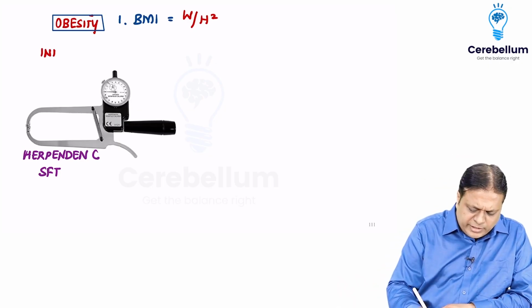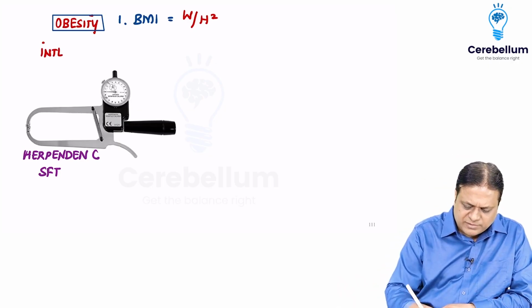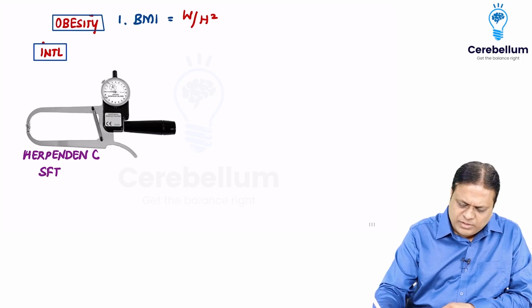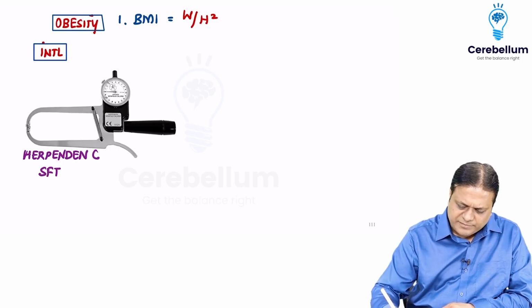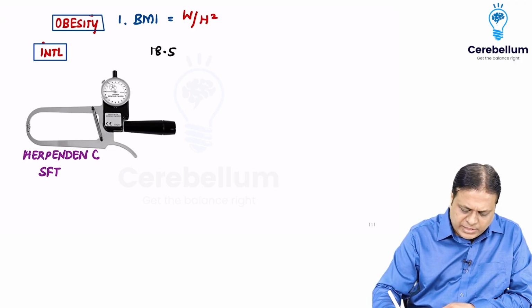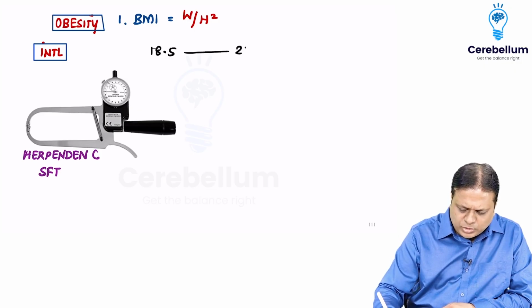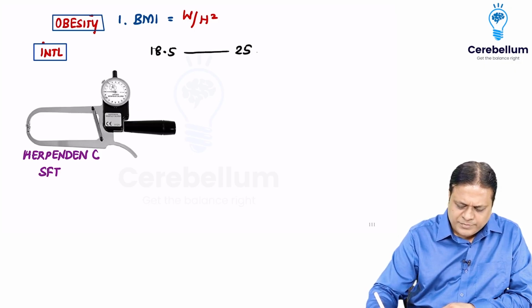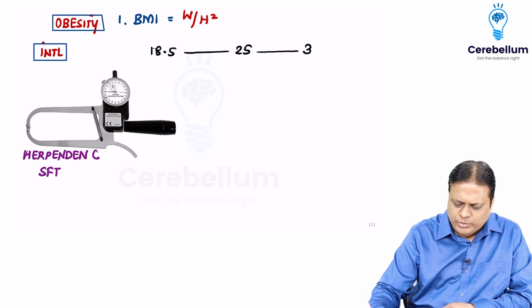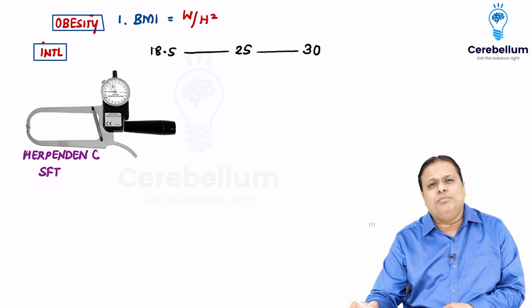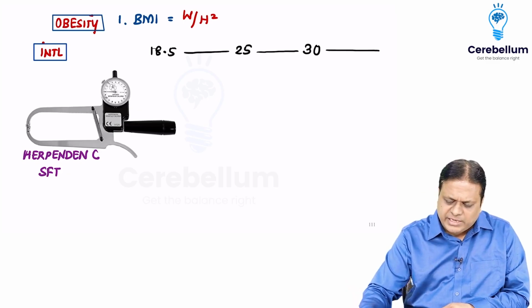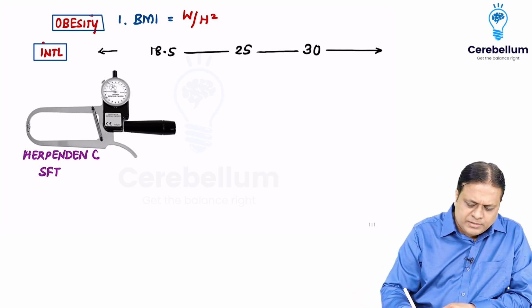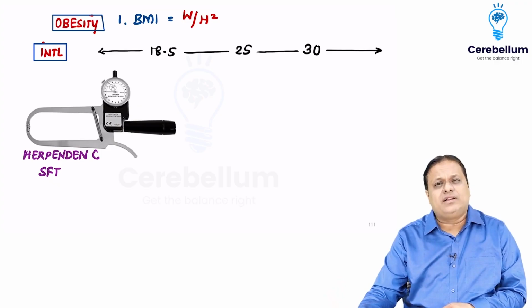When we look at the international classification of body mass index, you will find that normal lies between 18.5 to 24.99, 25 to 29.99 is pre-obese or overweight, 30 and above is obesity, below 18.5 is underweight.